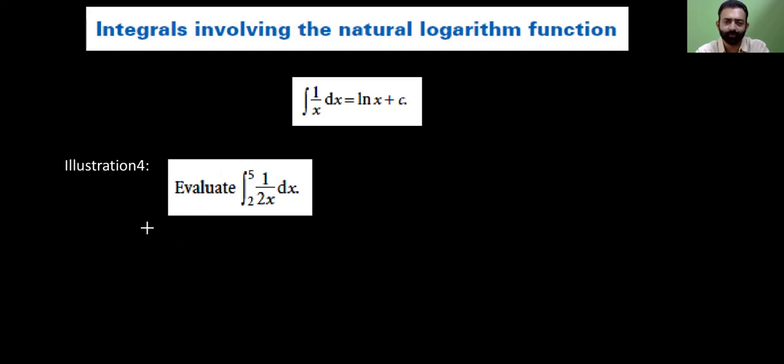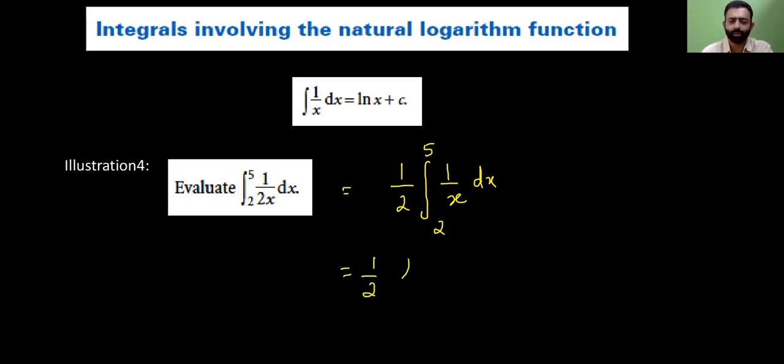Just remember this formula, and based on it, let us quickly evaluate this integral, which is a definite integral. Of course, we have to introduce plus c if it is indefinite. So 1 upon 2 we can take outside, and this is the integral of 1 upon x dx, with limits from 2 to 5. So this is 1 upon 2 times ln x, lower limit 2, upper limit 5.